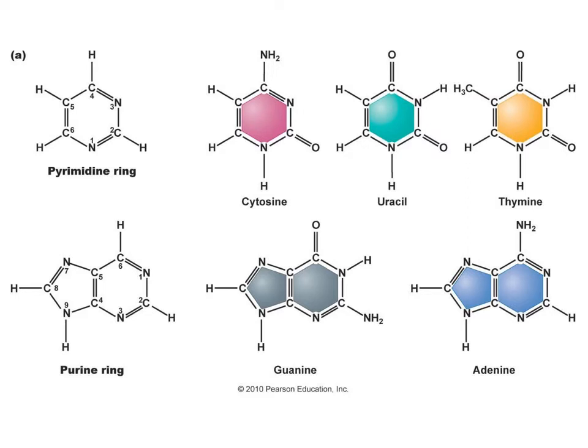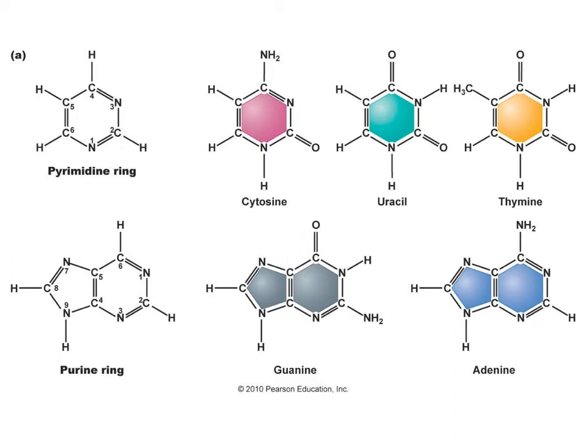Okay, so when we speak of DNA or RNA, we're actually speaking of a pretty complex molecule that has two primary components. And those two primary components can be broken down into the base and the sugar, okay? And the base is where these individual bits differ from one another, okay?